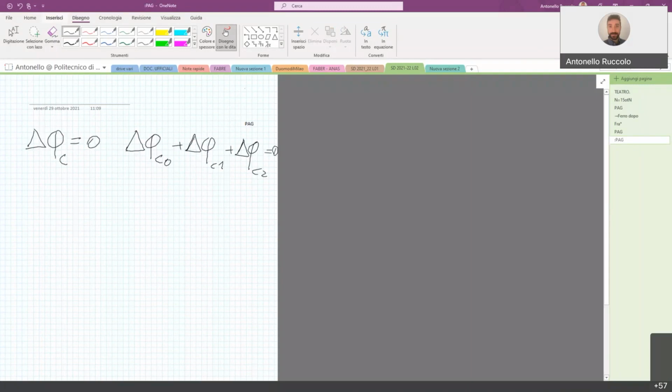Delta phi C0 was equal to q L to the power of 3 over 4 E iota.